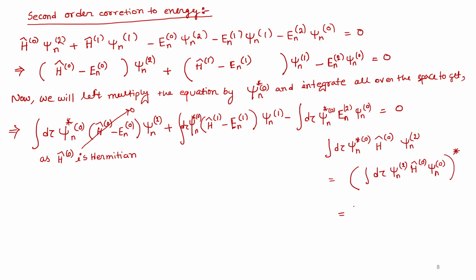From here we will get en0 outside, d tau psi 2 star of that, and I'll get back my psi 0 back, and it will be en0 d tau, and I can interchange this thing again. As they are only wave functions, there is no operator working.